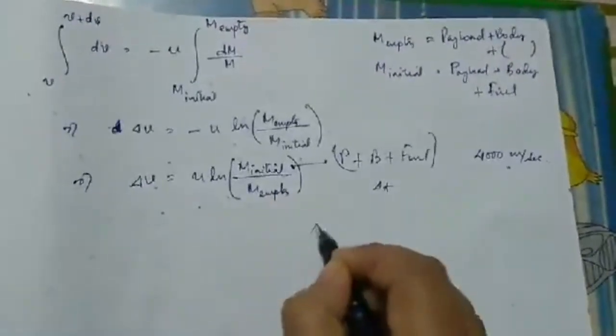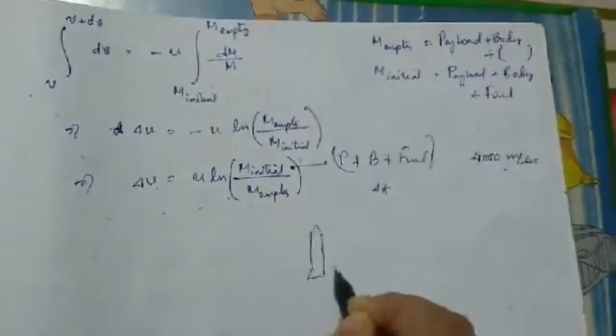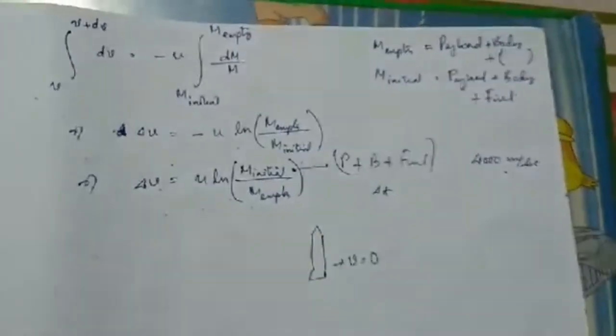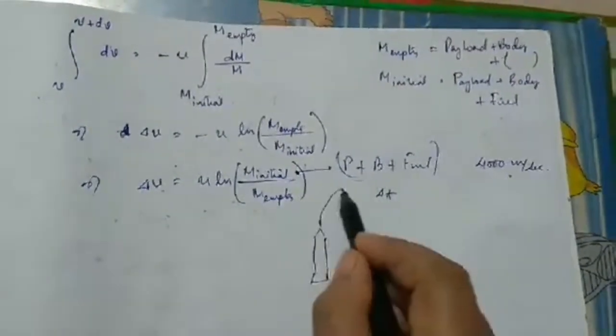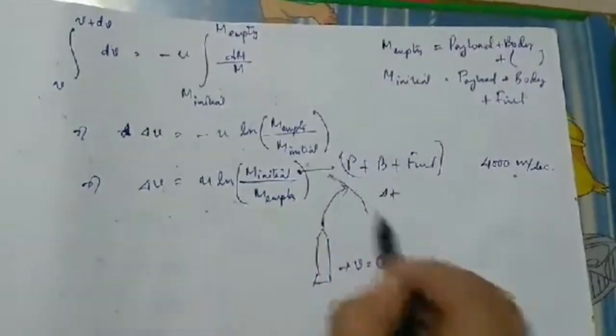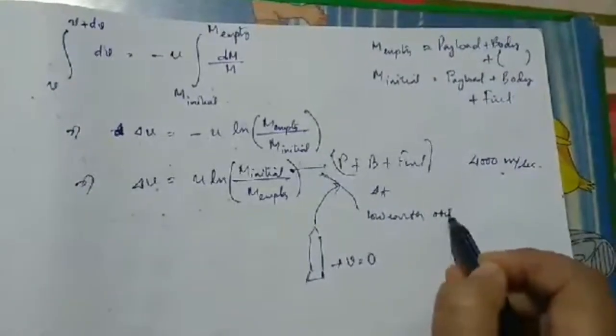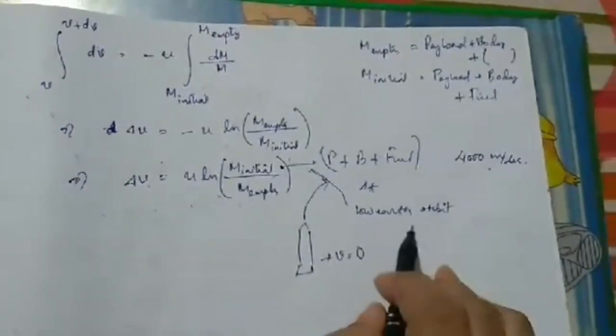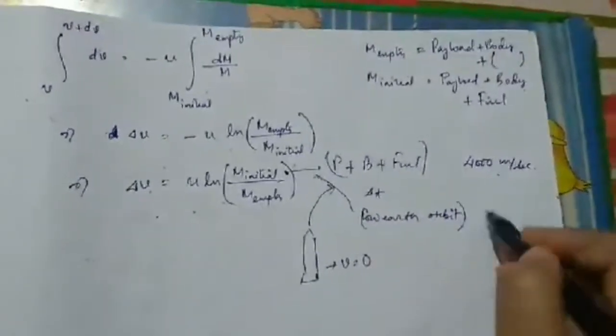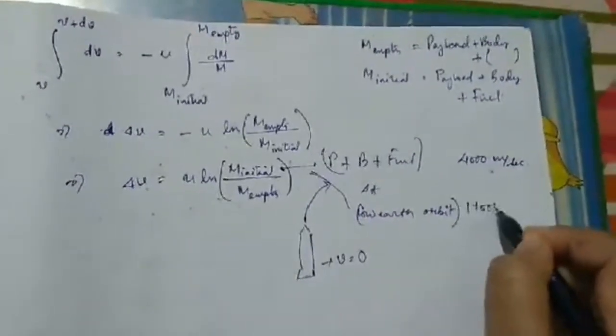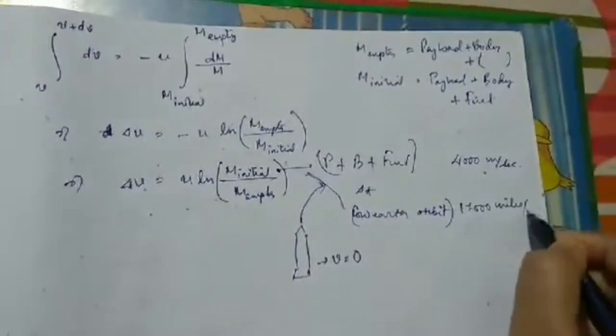You know that when the rocket starts, its velocity is equal to what? Zero. And I told you that to reach the low earth orbit, going against the gravitational pull of earth, the velocity it has to attain is 17,000 miles per hour.